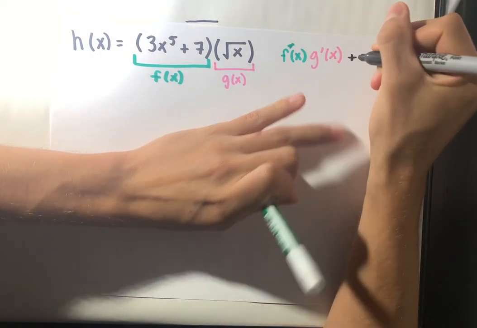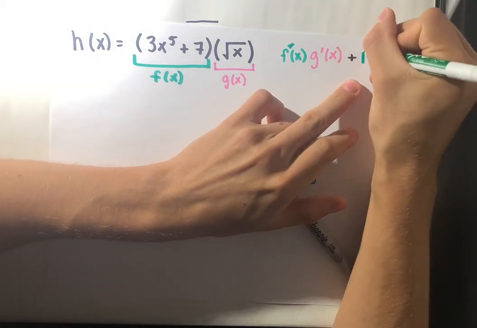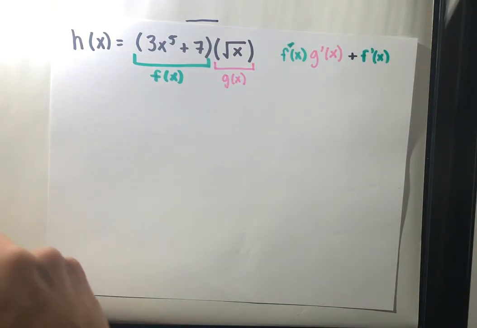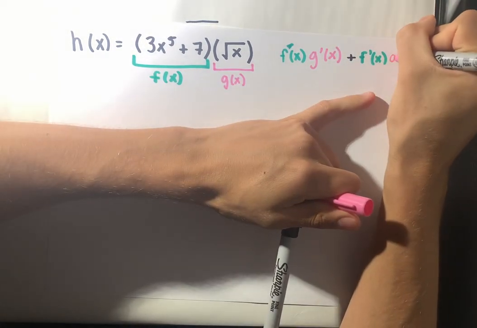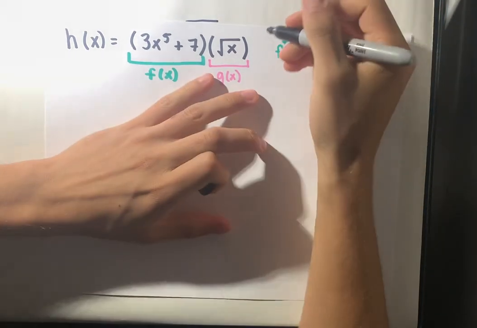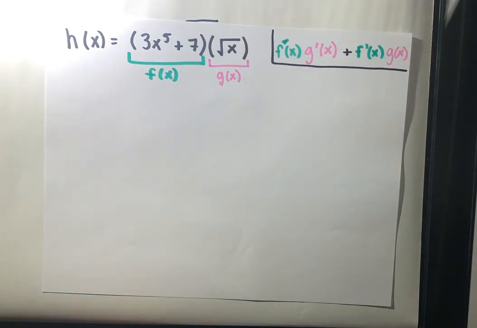You add that whole thing to the derivative of the first function now, multiplied by the original second function. So let's just keep that formula up there just for this first example so we don't forget it.